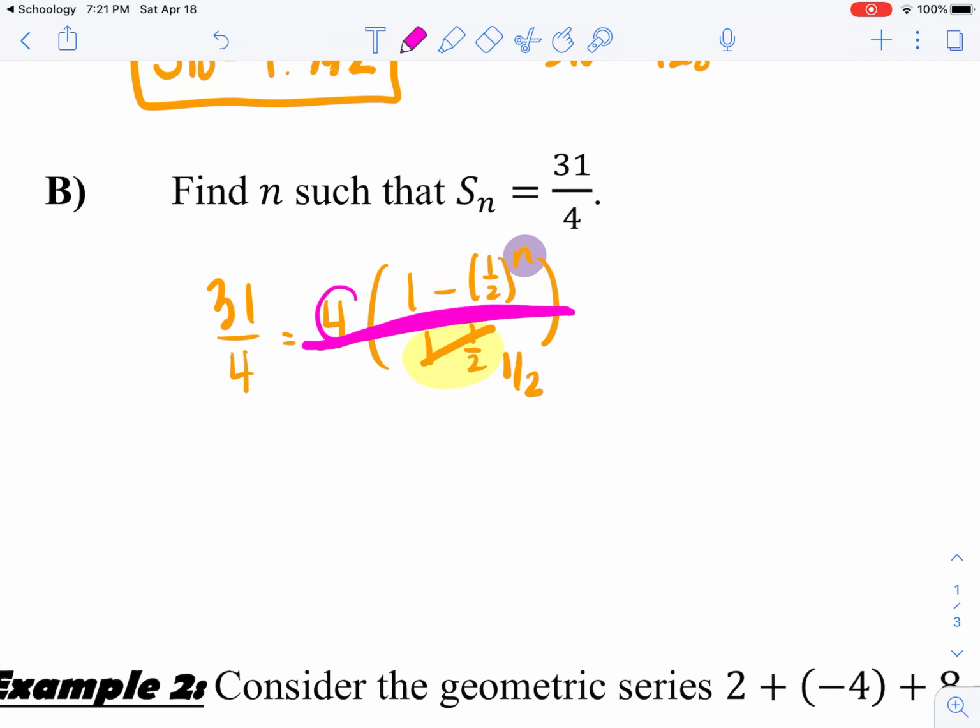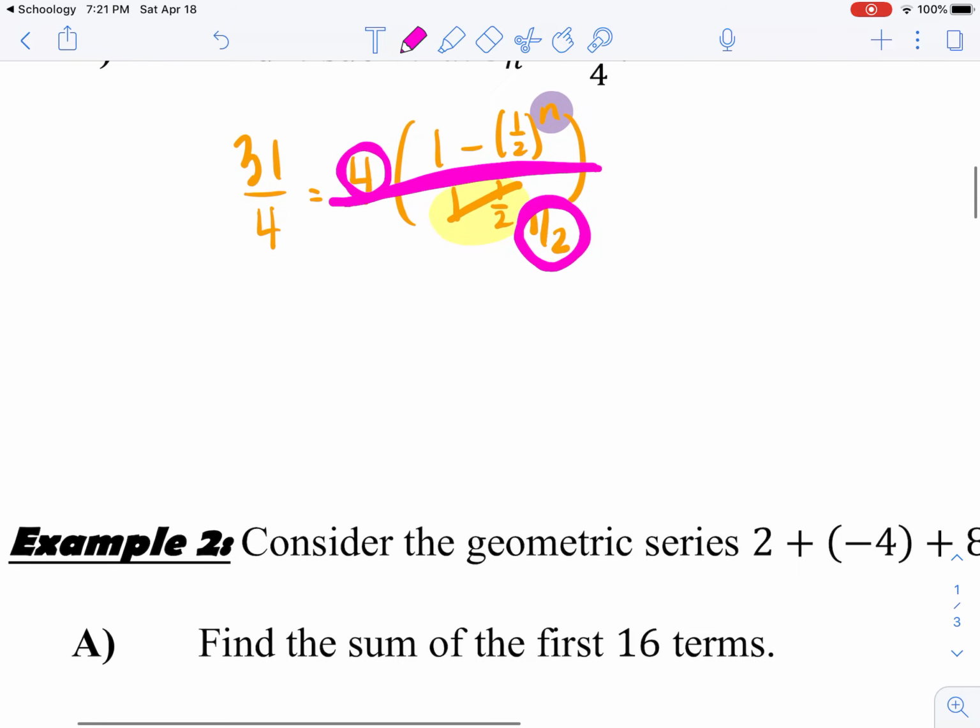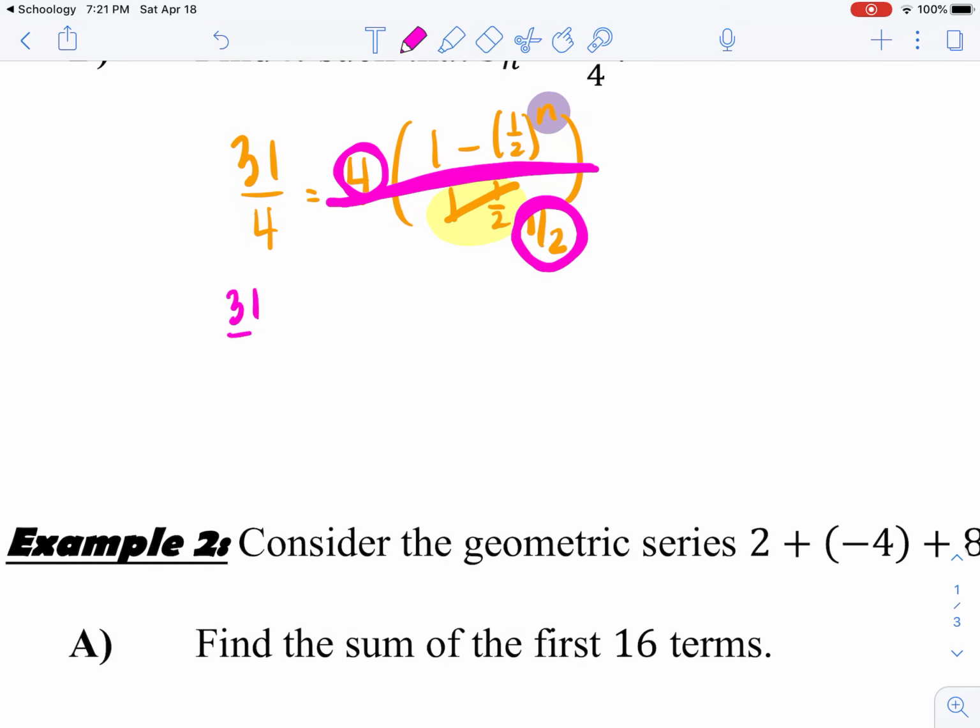So I'm going to simplify this by doing 4 divided by 1/2, so that I can get rid of my denominator. Now I have 31 over 4 equals, and 4 divided by 1/2 is 8. So I have 8 times 1 minus 1/2 to the nth power. I can keep that 1/2 in parentheses still.